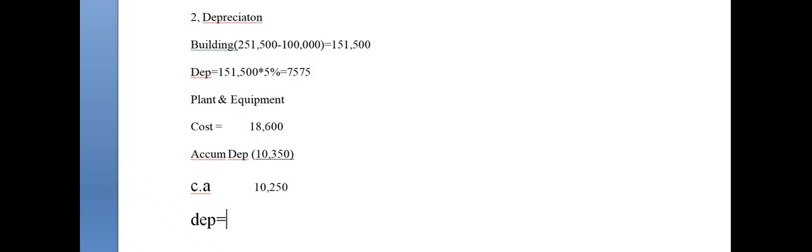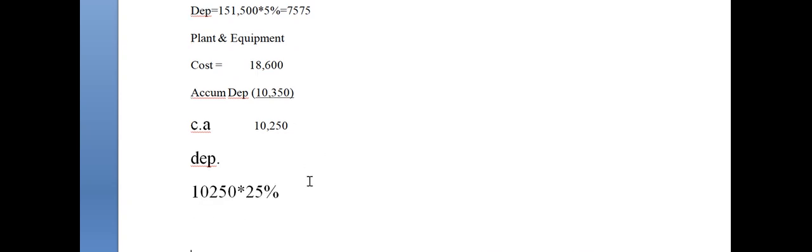Depreciation will be 10,250 multiplied by 25%, which is 2,563. Please, the figure is not correct now, the current amount is not correct. Where did you get the current amount?